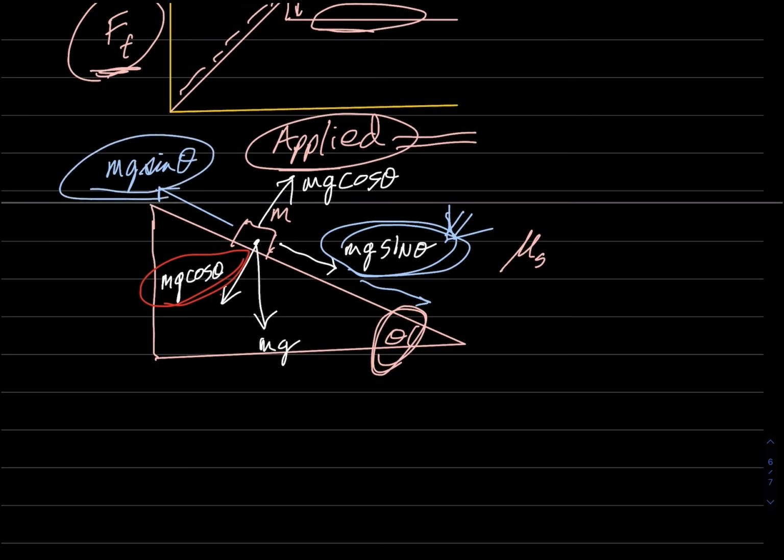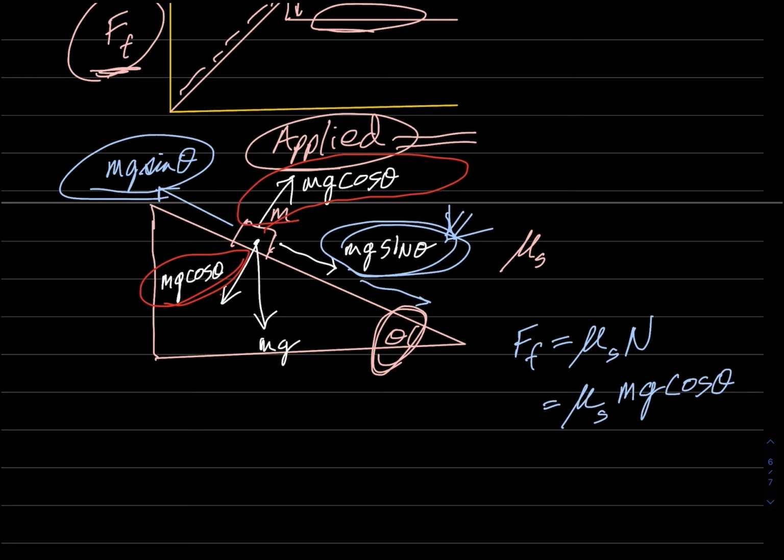But if this is the friction force, we also know that the friction force is what? The coefficient of static friction times the normal force. And here that's mu sub s, and the normal force is mg cosine theta. Here's the normal force right here.